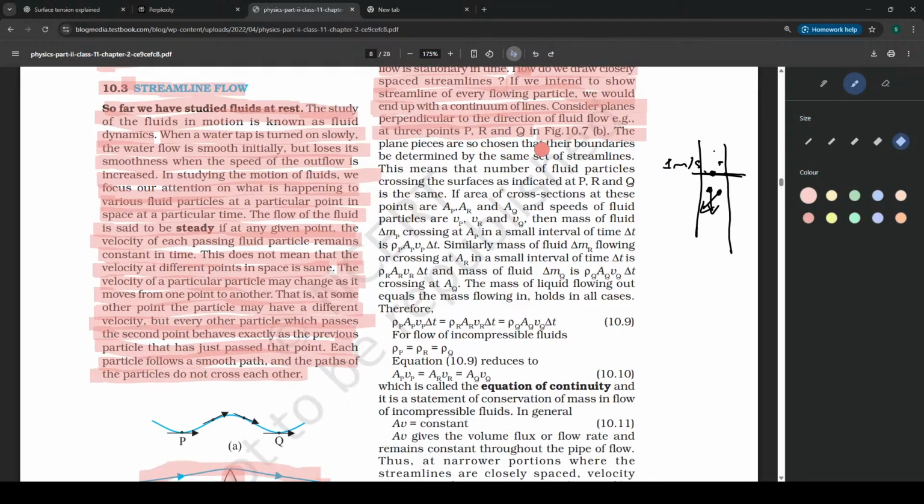At 3 points P, R, and Q, the plane pieces are so chosen that their boundaries are determined by the same set of streamlines. This means that the number of fluid particles crossing the surfaces indicated at P, R, Q is the same.